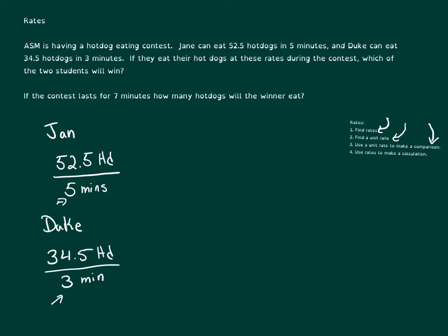So I'm going to create a unit rate, which is just making a proportion. So I know that instead of 5 minutes, I want this to be down to 1 minute. So how do I get from 5 to 1? Well, I'm going to divide by 5. So if I do it to the bottom, I have to do it to the top as well.